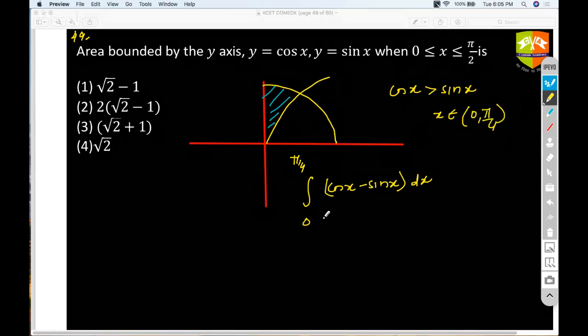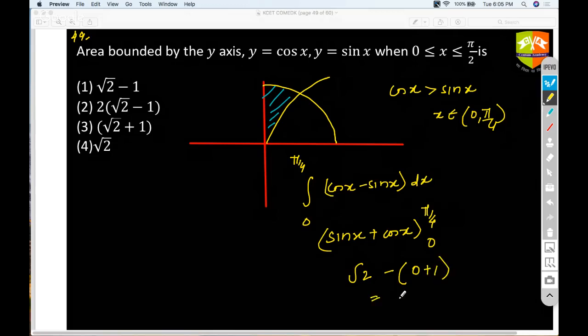Correct? So the integral of cos x is going to be sin x, and the integral of sin x is going to be negative cos x. So it's going to be this from pi by 4 to 0. Right? So that's going to give me root 2 minus 0 plus 1.